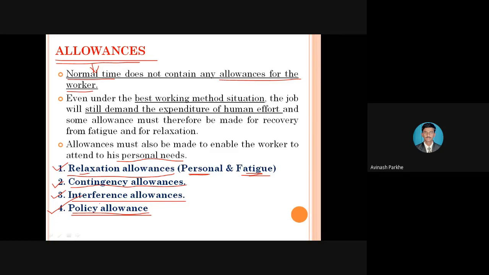If you have to change the coolant, change the oil, or travel the maximum distance from one location to another, all such extra activities you can perform in that extra 30 minutes. So these are the different types of allowances which are provided along with normal time in order to calculate the standard time to complete that particular job.